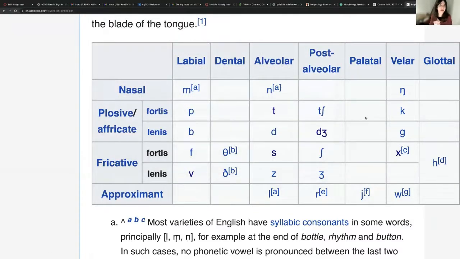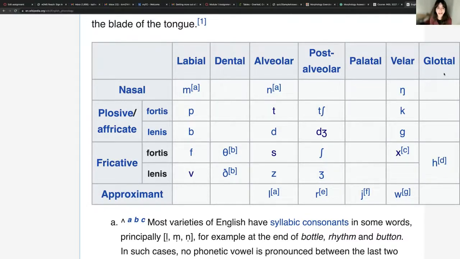So the cool thing about using Wikipedia, or the International Phonetic Alphabet as well, is the way that it's structured: the columns, la columna en el eje de X, have the names for the places of articulation that we've discussed. So labial, dental, alveolar, post-alveolar, palatal, velar, glottal.